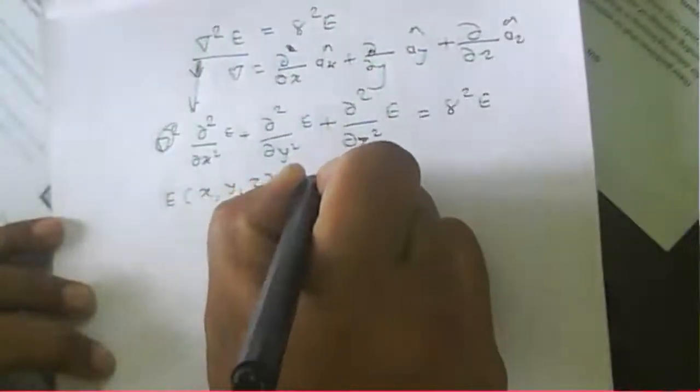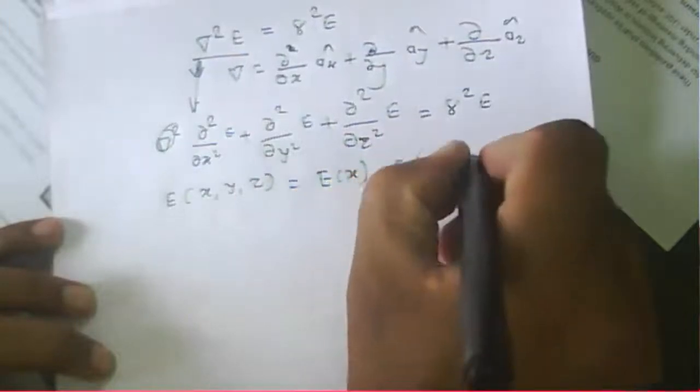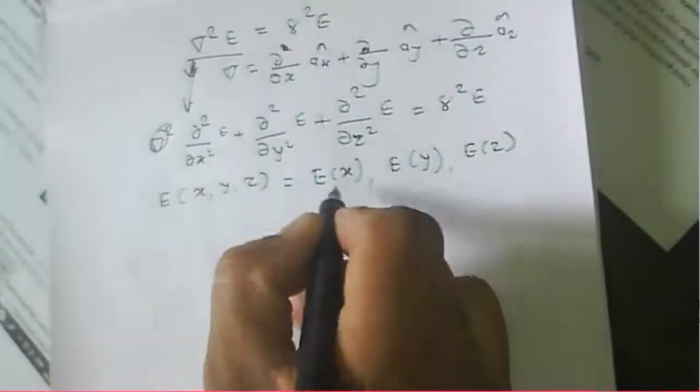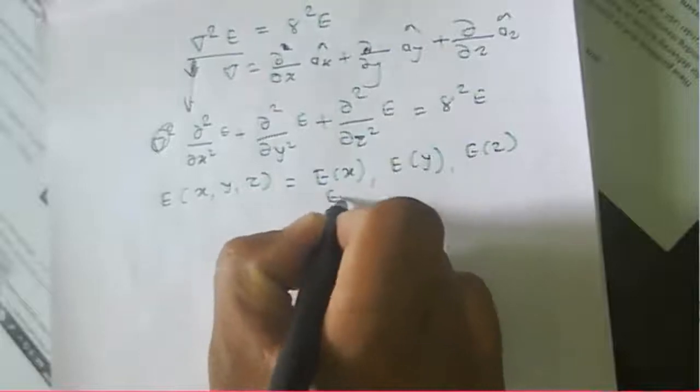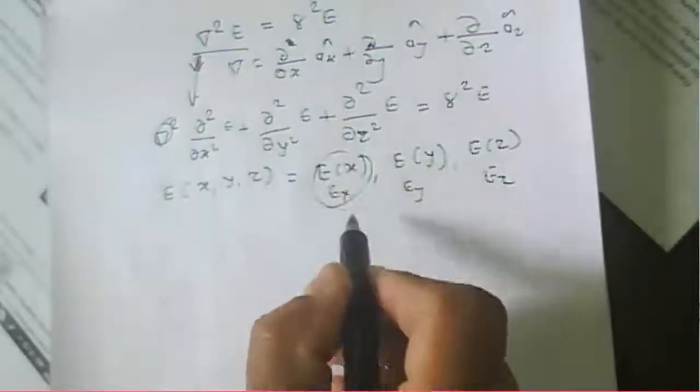E is nothing but the electric field component along x, along y, and along z, or we can say Ex, Ey and Ez. If the wave is propagating, then this field component is a function of x, this one a function of y, and this one a function of z.